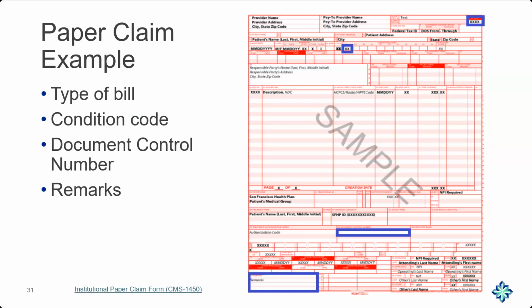The document control number, or the DCN, that's form locator or field 64, and that's right here. I know with the screenshot, it's impossible to have everything show up clearly. It's a little blurry, and so that's why we've provided indicators here to direct your eyes right to what we're talking about.